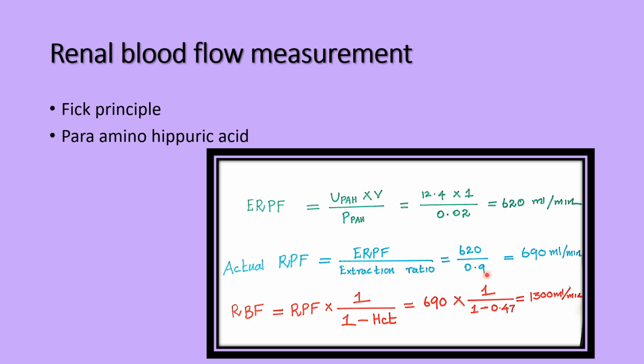The extraction ratio is 0.9, so it is 690 ml per minute. Renal blood flow is measured by the renal plasma flow multiplied by 1 divided by 1 minus hematocrit. So 690 into 1 divided by 1 minus 0.47 equals 1300 ml per minute. This is the method of measuring the renal blood flow by para-aminohippuric acid as an indicator.